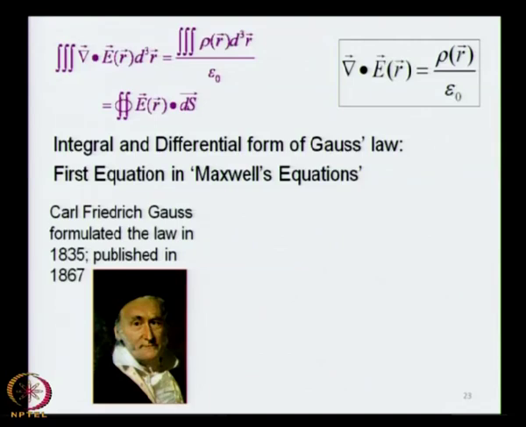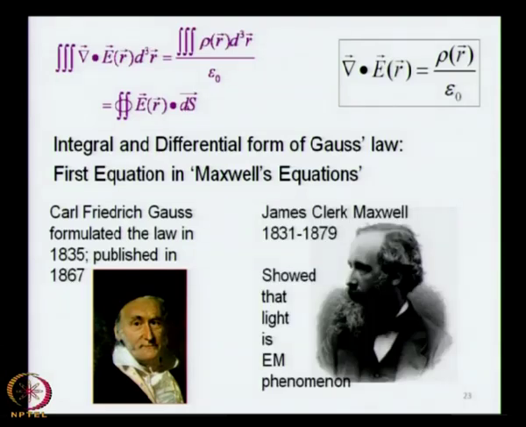I do not know why he did not publish it for those many years. And then it was included in Maxwell's theory, in which Maxwell went on to show that light is an electromagnetic phenomenon.